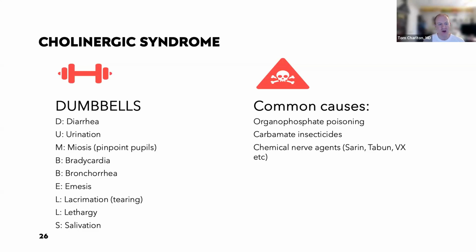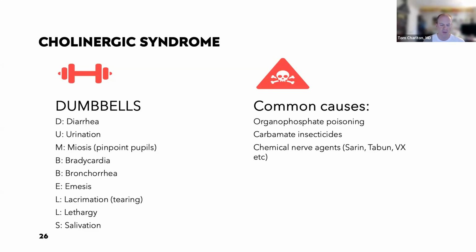The most common causes for these kinds of cholinergic syndromes are organophosphates and insecticides. So organophosphates are one category of insecticides, and carbamate insecticides are a different category, but they do the same thing. Frighteningly, these are very closely related to the chemical nerve agents that are used in chemical warfare, such as sarin, tabun, VX.